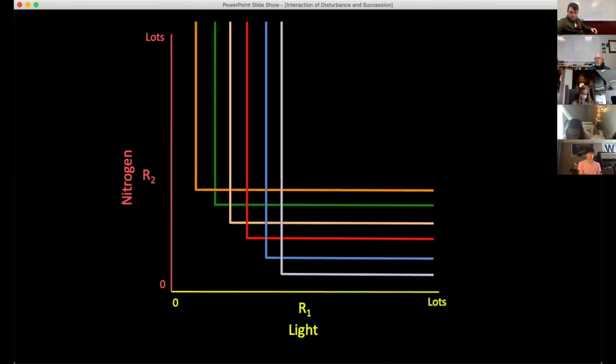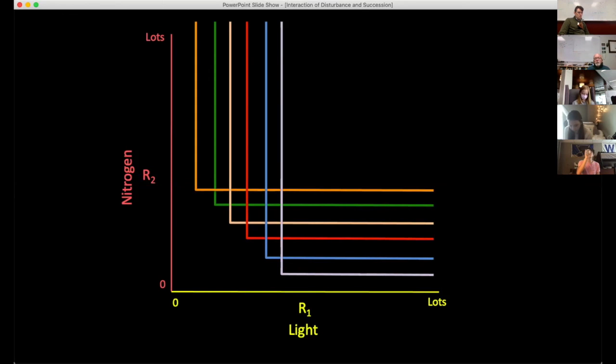But it's the series of changes in the vegetation community that over time alter the relative ratio of a nutrient to light, for example, one resource to another, such that early successional species require a lot of resource one and very little of resource two, whereas late successional species require very little of resource one and a lot of resource two.